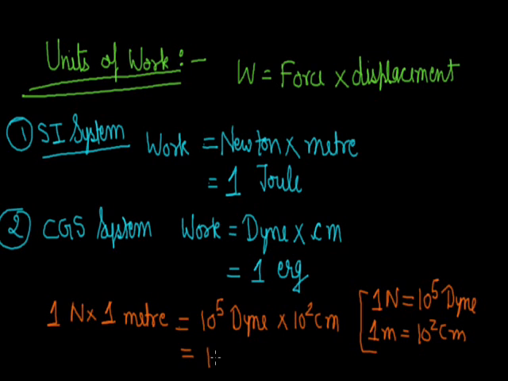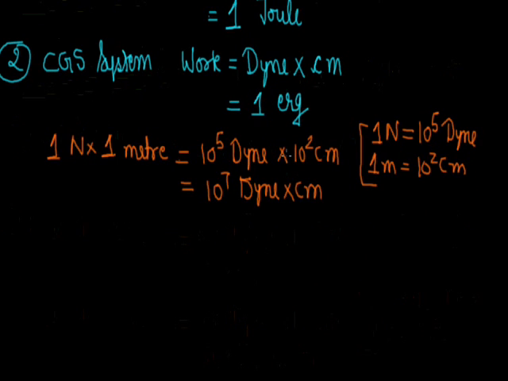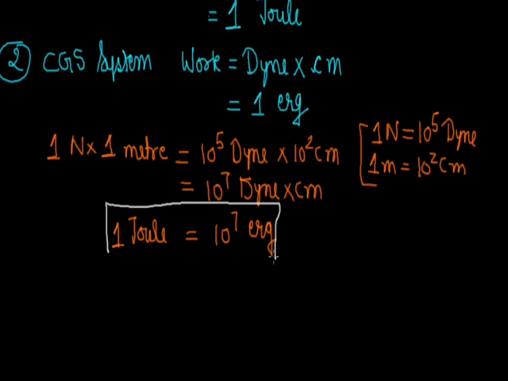So we get 10 raised to power 7 dyne into centimeter. And as we know, dyne into centimeter equals 1 erg. So we write 10 raised to power 7 erg, which is equal to 1 Newton into meter, and that equals 1 joule. So we get the relation between SI and CGS unit of work as 1 joule equals 10 raised to power 7 erg.